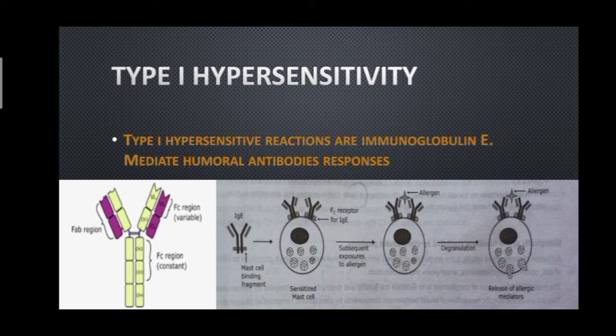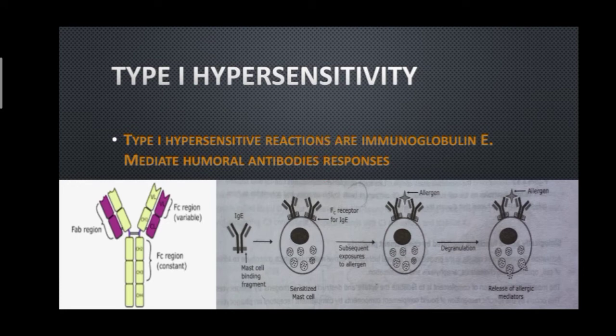Type 1 hypersensitivity reactions are IgE mediated humoral antibody responses. These reactions are stimulated by IgE binding via the Fc region of antibodies to the high affinity IgE specific Fc receptor expressed on mast cells.